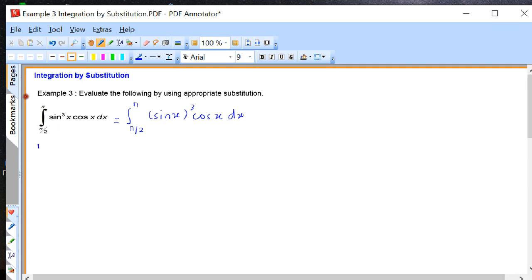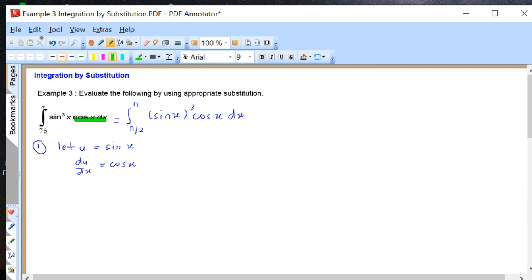So we move on. Step number 1, we let u. So we have here let u equals sine x. Then you differentiate the function, finding du over dx. Differentiate sine x, you will have cos x. Then we refer back to the given function. We have here cos x dx.